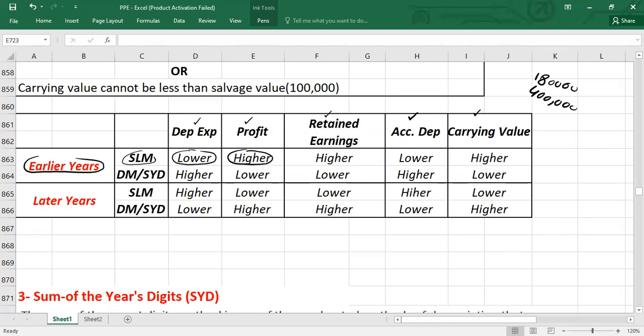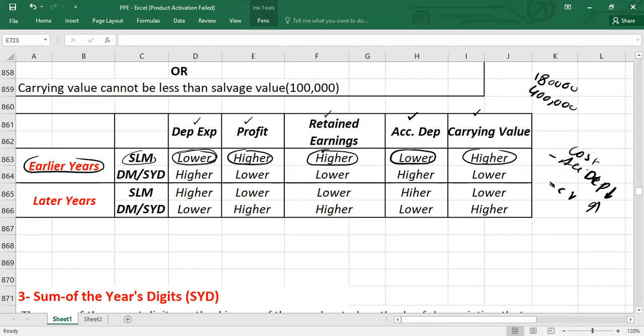If profits are higher, of course your retained earning in the current period will also be higher. And if your depreciation is lower, your accumulated depreciation will also be lower, and your carrying value will be higher. Because in the balance sheet you record the cost minus accumulated depreciation, which is equal to the carrying value. If your accumulated depreciation is lower, automatically your carrying value will be more.